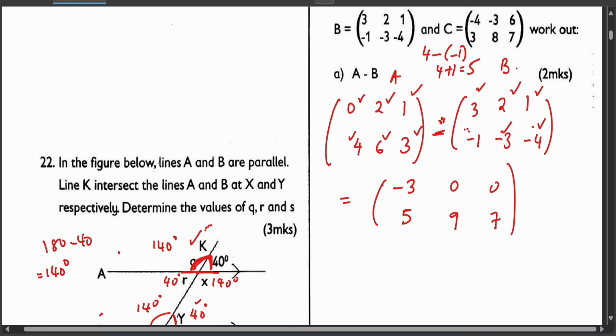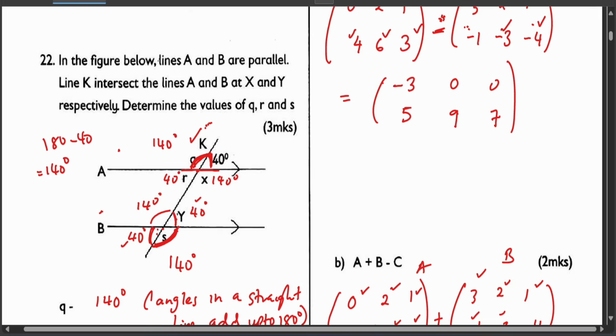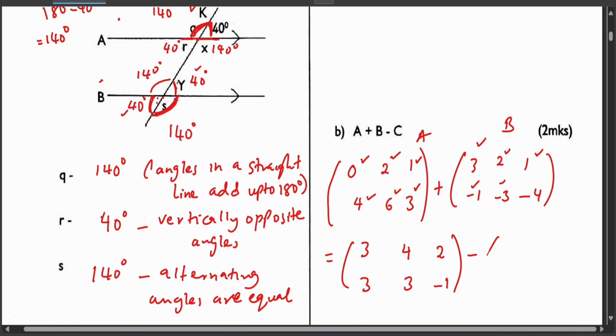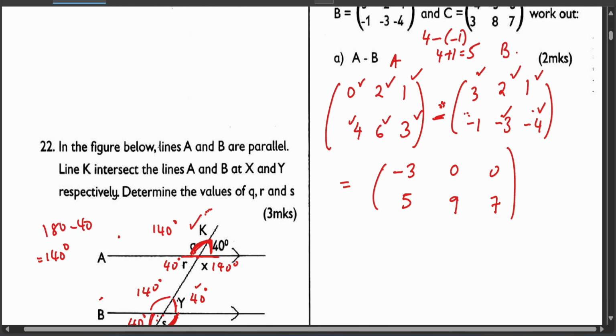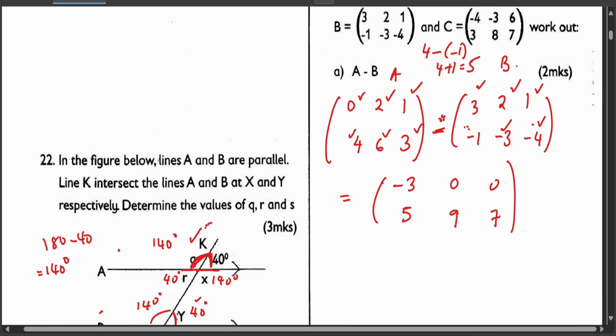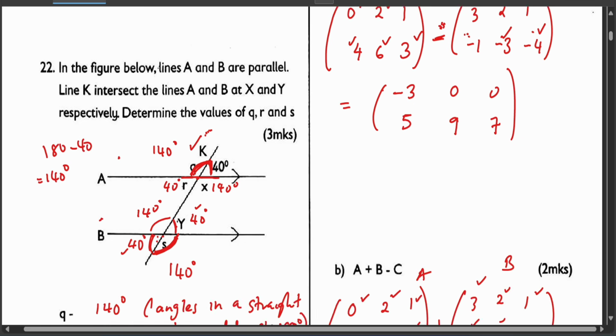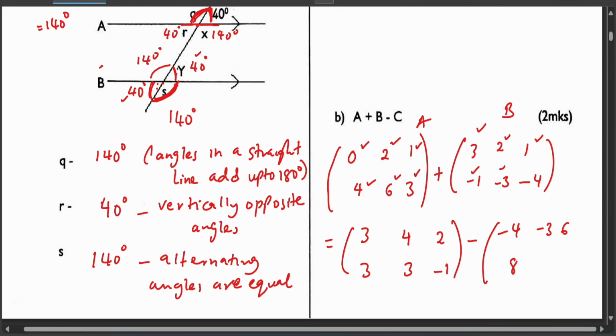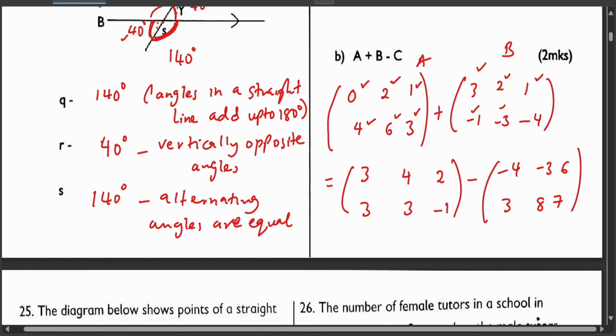Our C is negative 4, negative 3, 6, 3, 8, 7. Okay, so basically this row should be 3, 8, 7. Now we can subtract it.